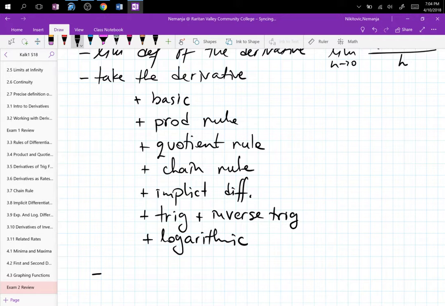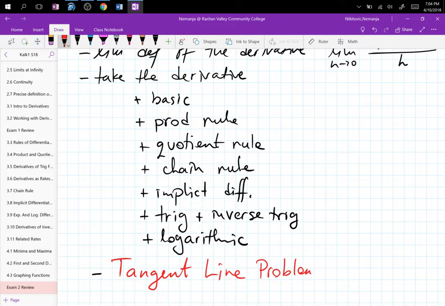And then we have, let me make sure you see this one, tangent line. And for the tangent line, you can have any of these derivatives in here. Anyone. It could be logarithmic differentiation, could be product rule, could be quotient, could be implicit, it doesn't matter.